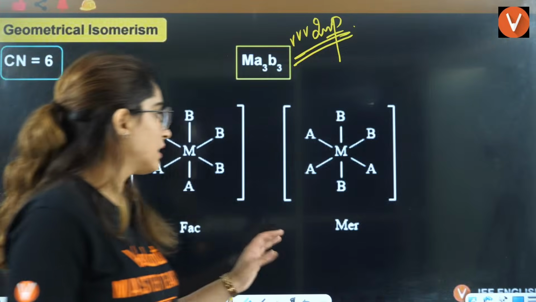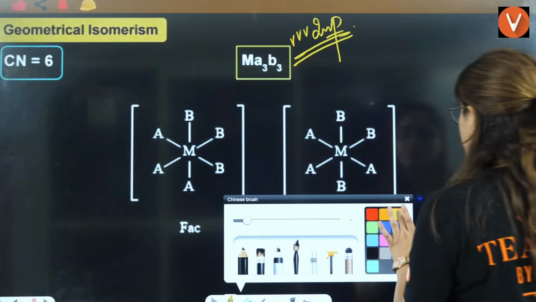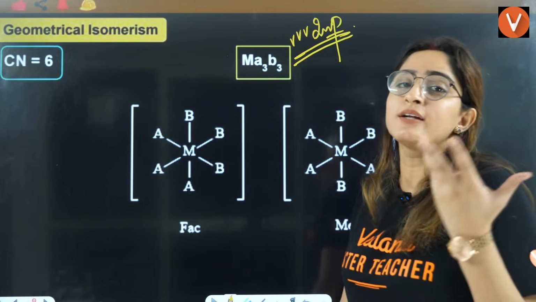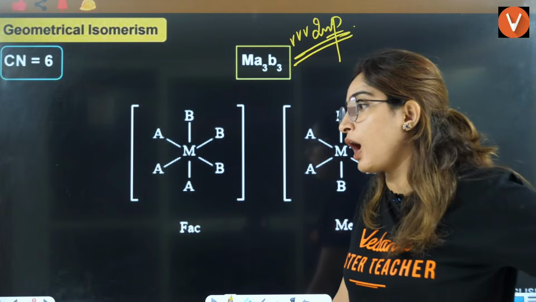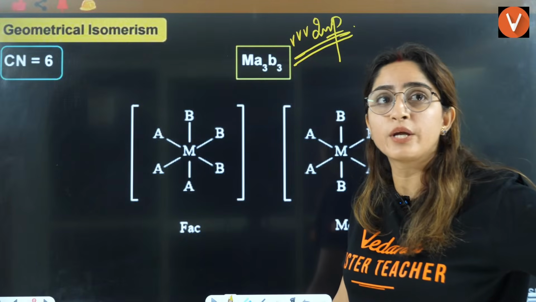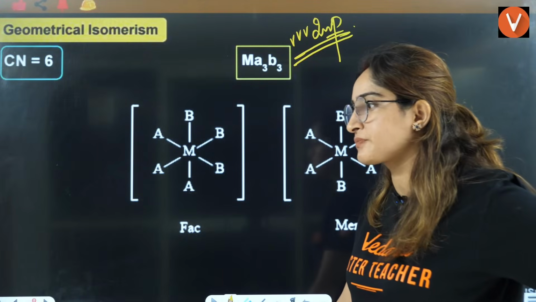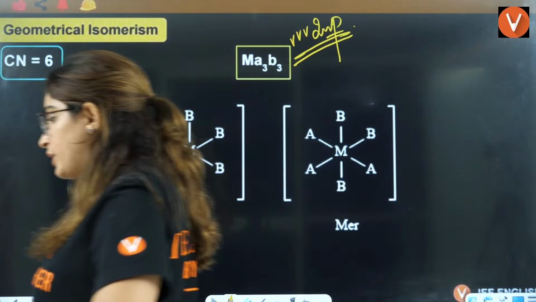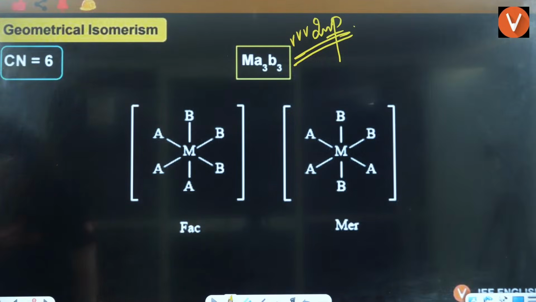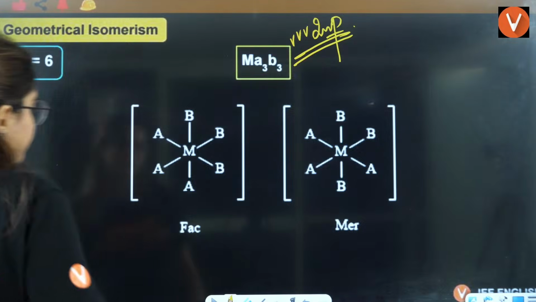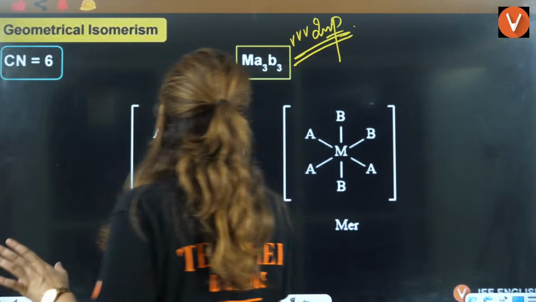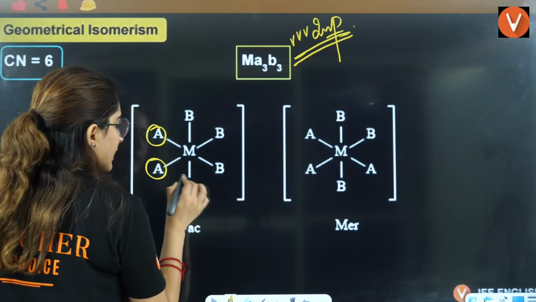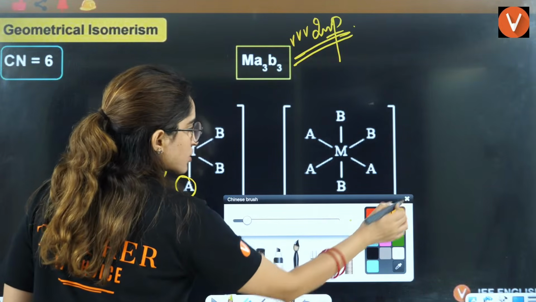Right? Now, ma'am, but this is in 3D. How to understand it in 2D? How will we understand this in 2D? Let's understand that. In facial, you will have three same next to each other.